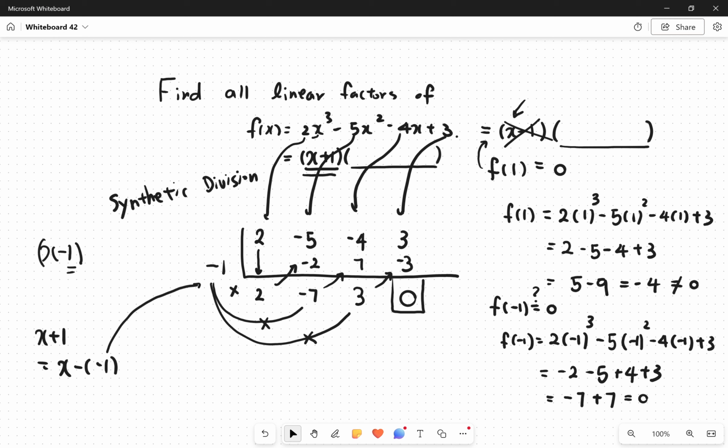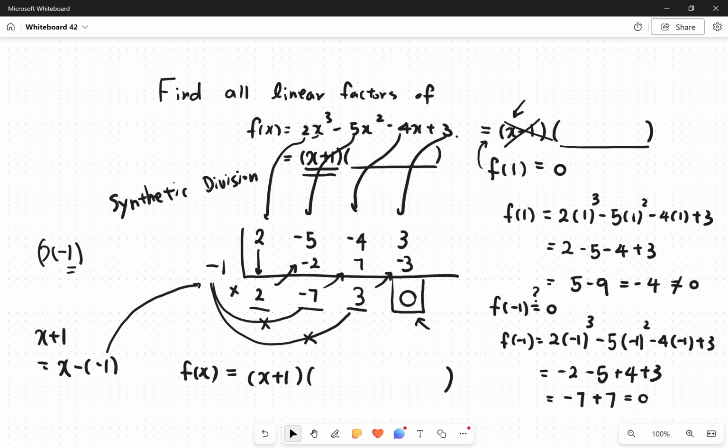If your synthetic division goes well and one of the linear factors has already been found, you are supposed to have 0 at the end. Then we can write f of x equals x plus 1 times a quadratic, using these three numbers.